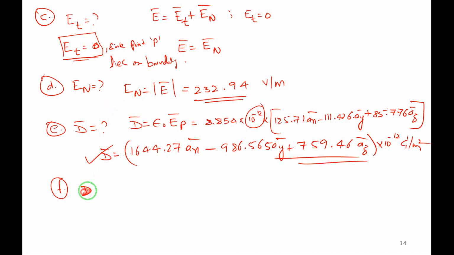Dn means whatever the D vector itself is Dn. So find the magnitude of this: under root of this square plus this square plus this square, right?